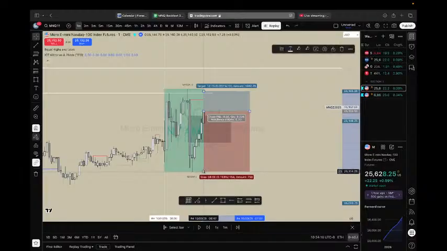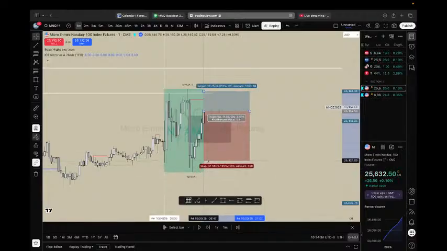Am I stupid? 1% of 50K is 500. Half of that is 250. So if you were risking 1% a day on your account, you could realistically risk 0.5% of your account a day, and then do 250 a trade.